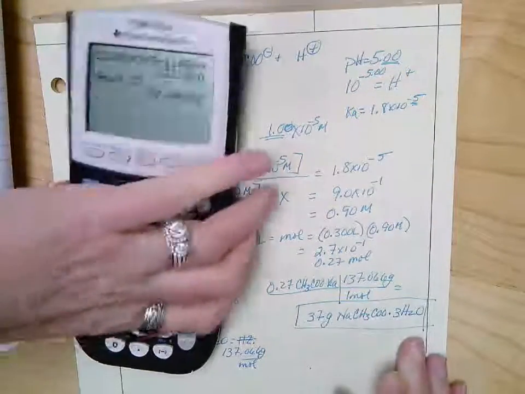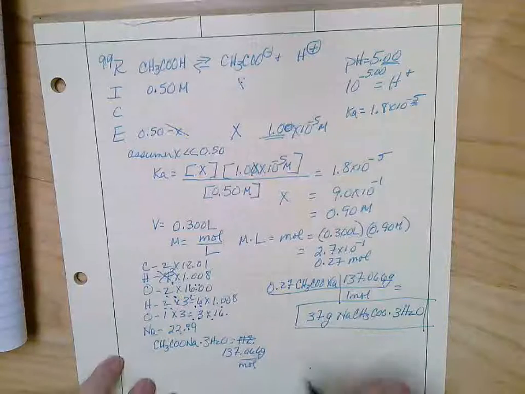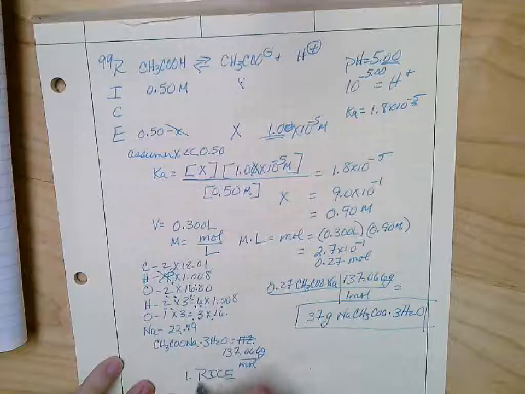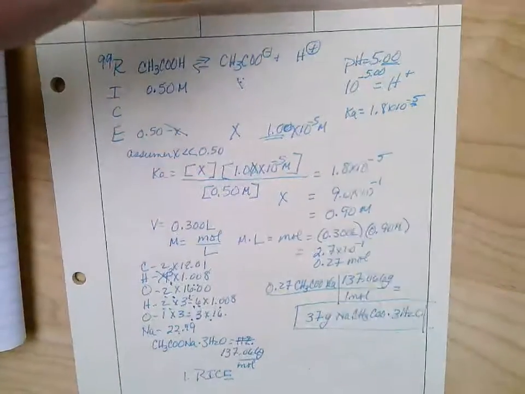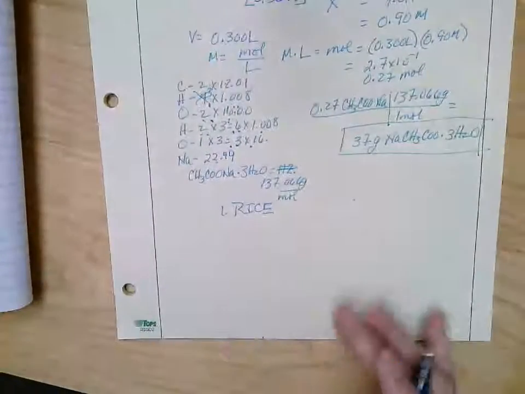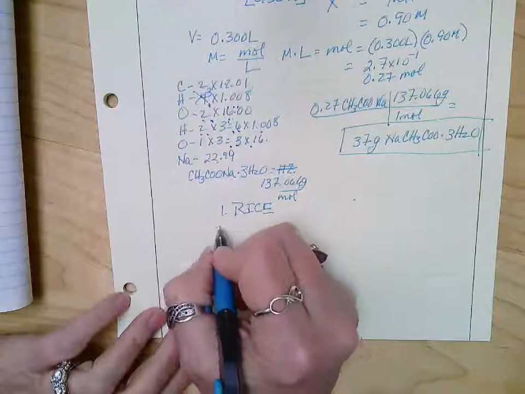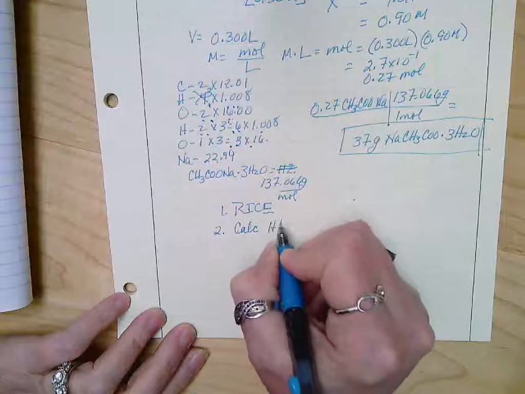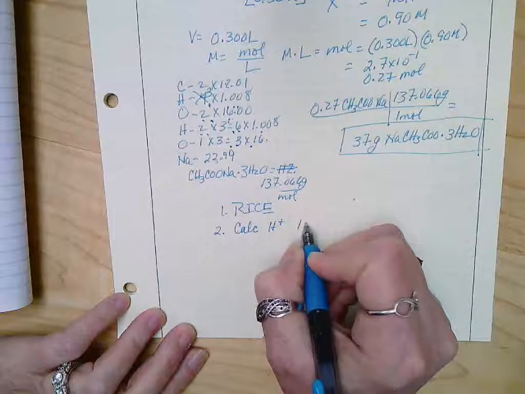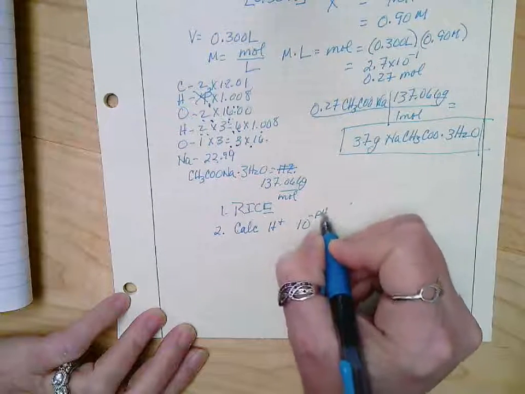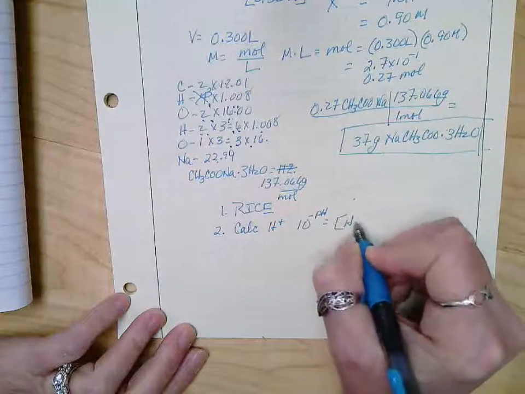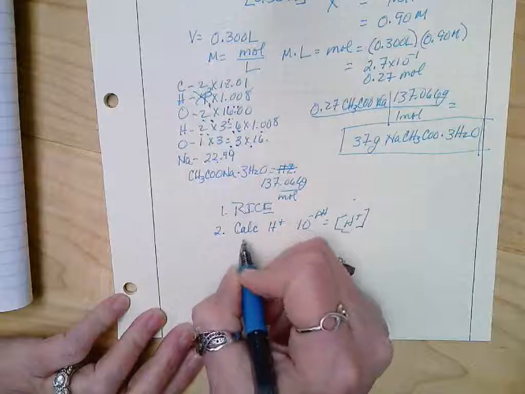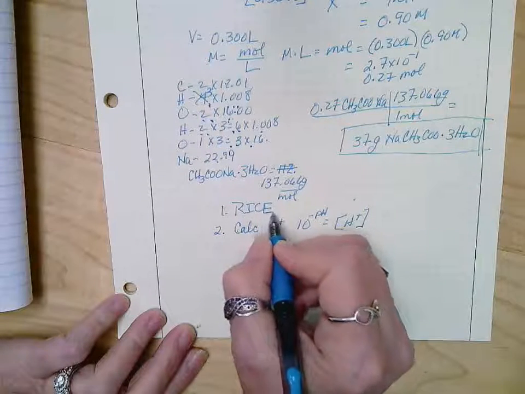So let's summarize the steps here. First, we need RICE. And after we do RICE, we're going to calculate the hydrogen ion concentration by saying 10 to the negative pH equals the hydrogen ion concentration, and that's going to go into our equilibrium expression.